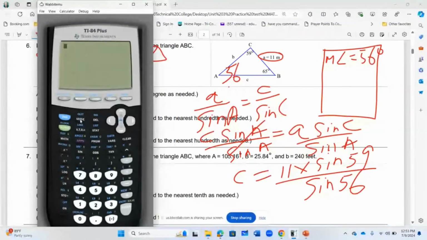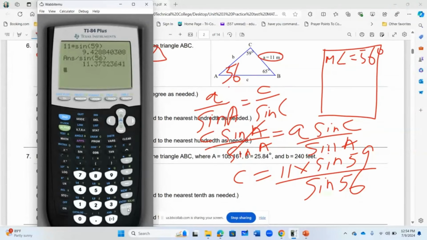So now I'm ready to find the value of C. I work with the numerator first. 11 multiplied by sine of 59 degrees, then divide my answer by sine 56 degrees, and then I close my parentheses. I hit enter.